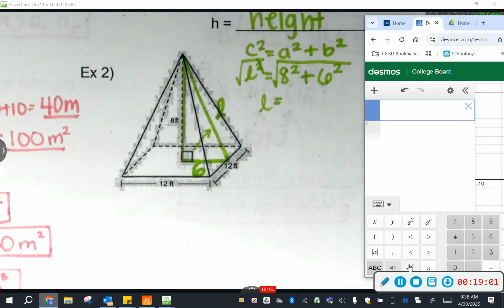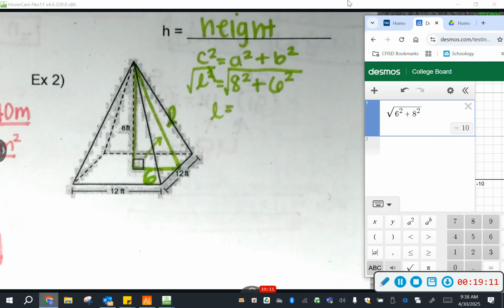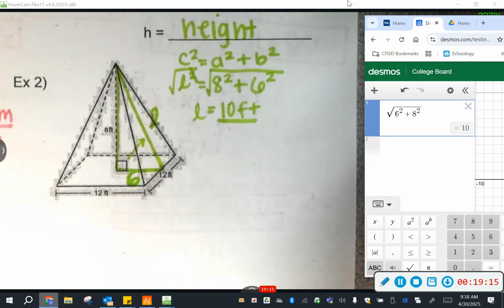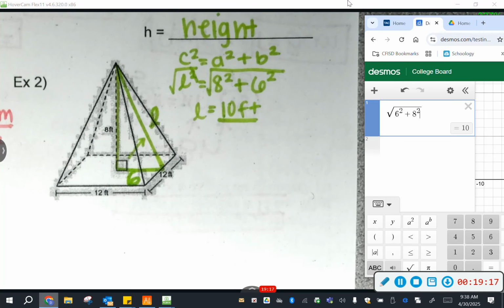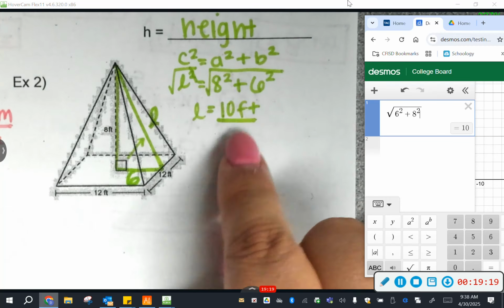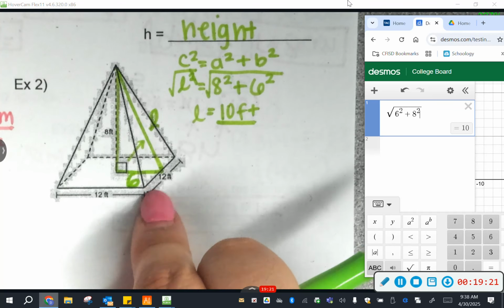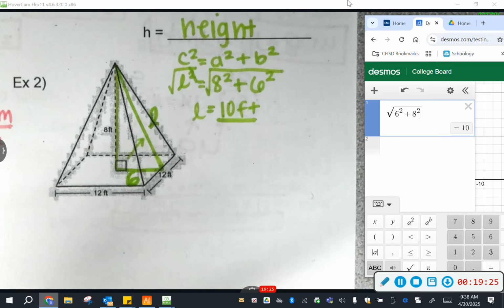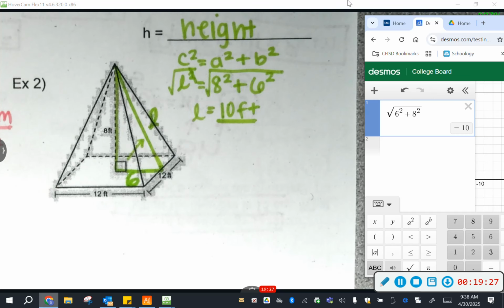The square root of 6 squared plus 8 squared is 10. It is a 3, 4, 5. Because what is 3 times 2? What's 4 times 2? What's 5 times 2? It's a multiple of a 3, 4, 5. Yep, you're right.